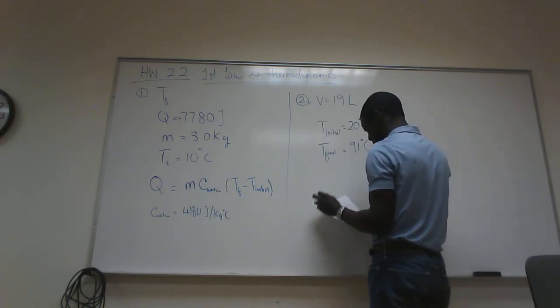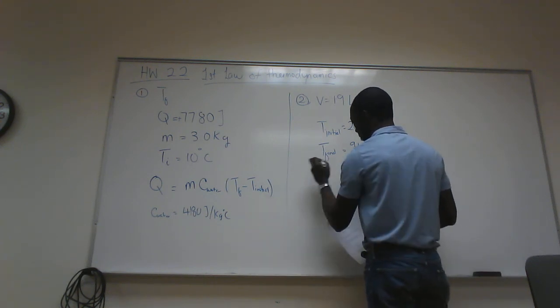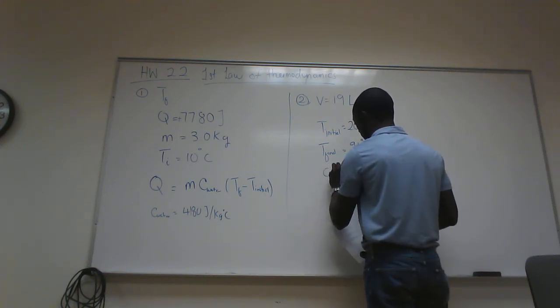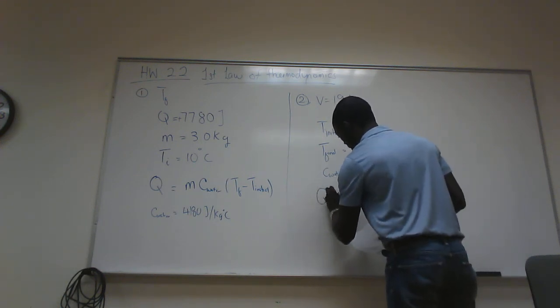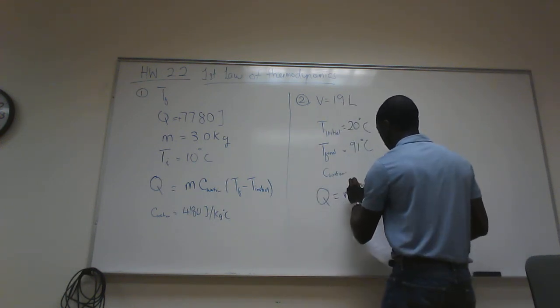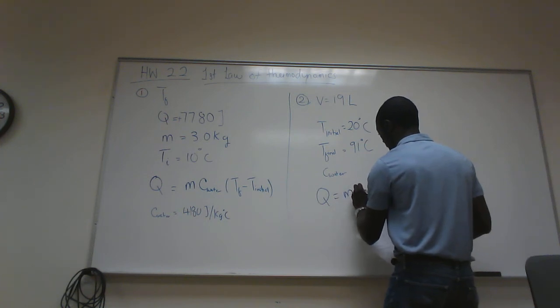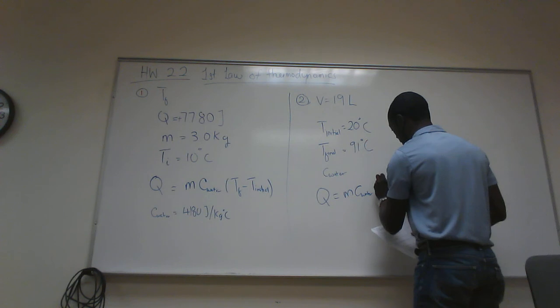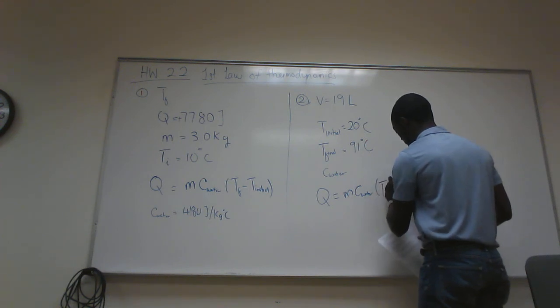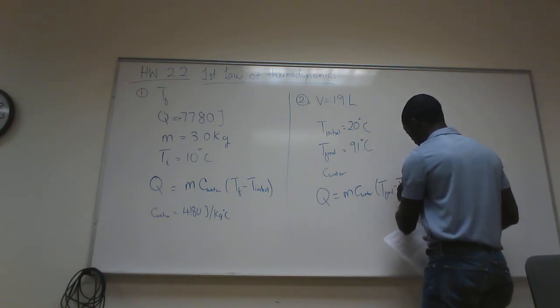Alright, so we're told it has water, so we use the same specific heat from your textbook. And so the heat it absorbs is equal to the mass times the heat capacity times the change in temperature, so T final minus T initial.